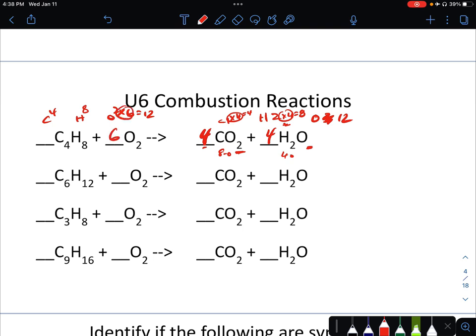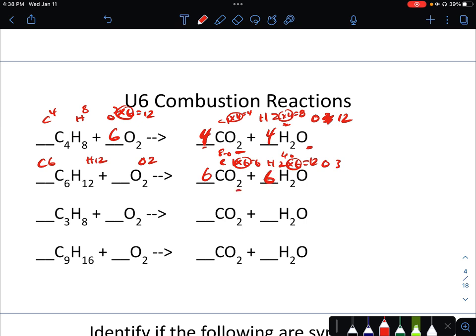Next one. C has 6, H has 12, O has 2. Again, C has 1, H has 2, O has 3. Times 6 equals 6, so I put a 6 in front of there. Again, don't care about the oxygen. For hydrogen, I need times 6 equals 12. That's a big one, so that 6 goes there.